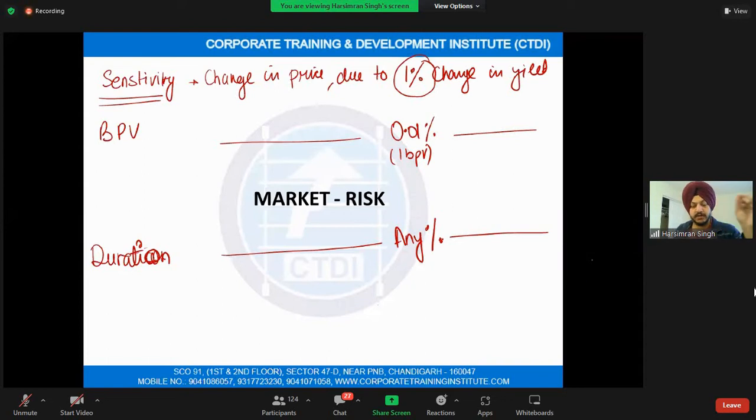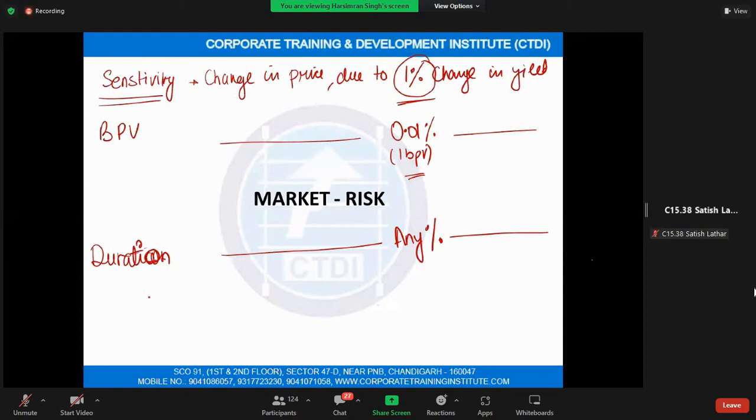If you are calculating the change in the price due to a 1% change in interest rate, this is known as sensitivity. If this change is 0.01%, this is BPV. But if it is any amount, any change, it can be 1, 2, 3.5, 10, any change, that is duration. Is it clear or not?